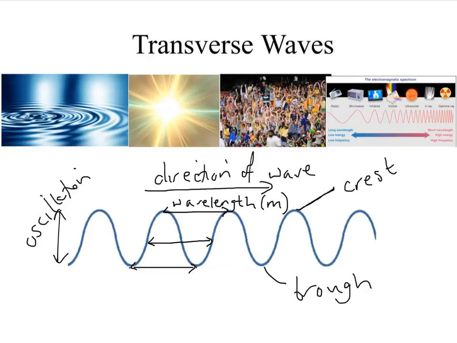Another key feature of a transverse wave is the amplitude. We need to be careful when we're thinking about the amplitude. It is the height of the wave, but it's the height of the wave from this imaginary centre line here. So if I were to draw this line on, I could mark my amplitude on as the distance between that centre line and a crest, or the distance between that centre line and a trough.